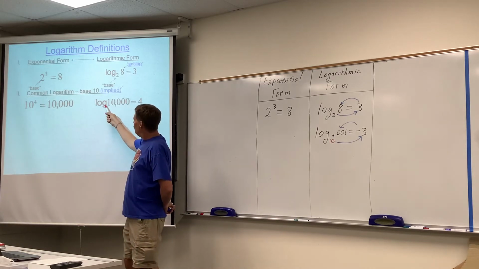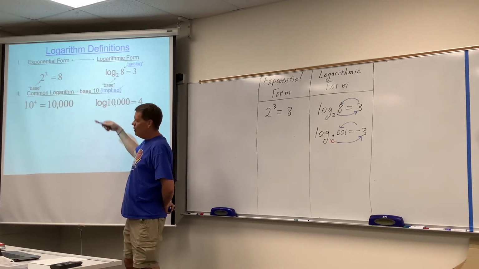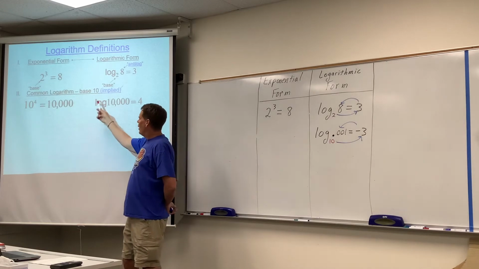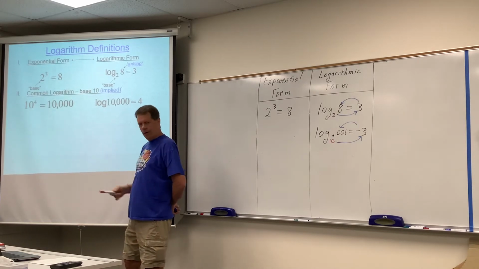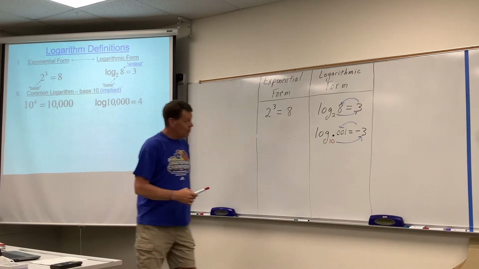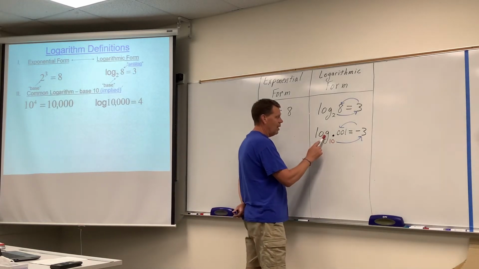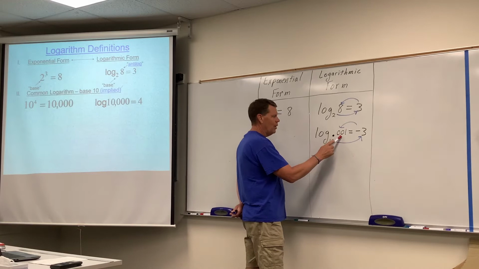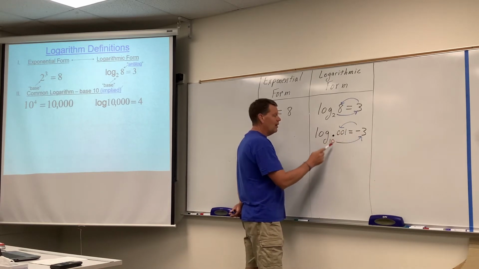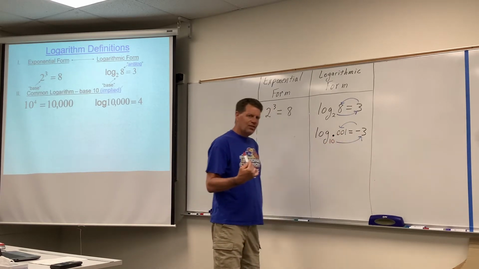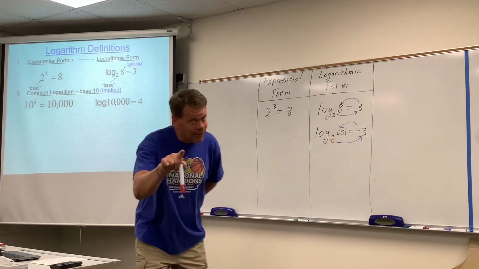So when you see log without a base specified, you are supposed to say the common logarithm of 10,000 equals 4. All right, so this would be actually expressed as the common logarithm of 0.001 equals -3, and the words common logarithm tell the listener that there's a 10 sitting down there.